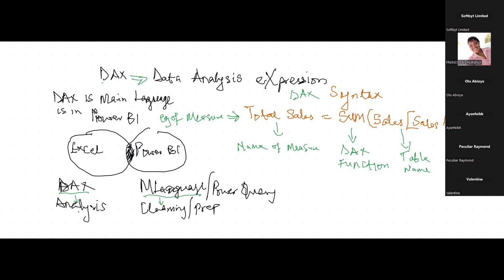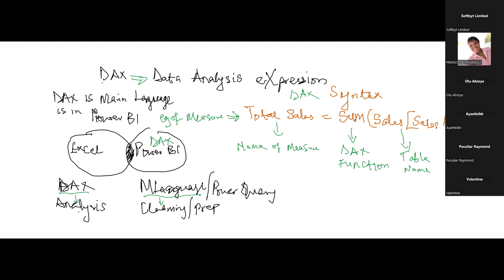We have some overlapping functions between Excel and Power BI, and DAX, just like the one I used here. And then I said, this is the syntax of DAX. The syntax is more like how the function is structured. And this is the basic function of the way it is.